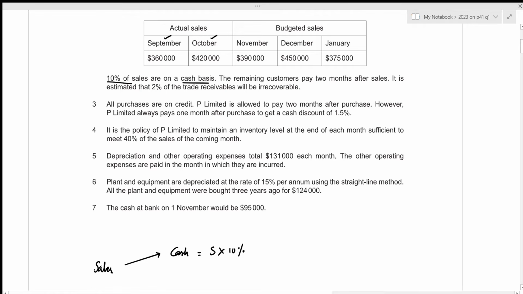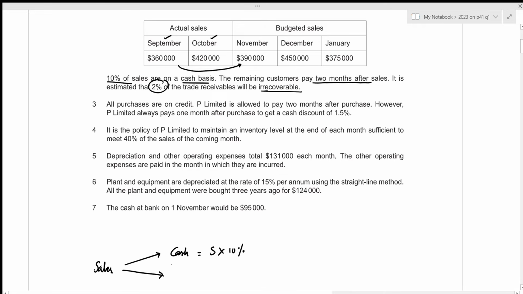Then the remaining customers, which will be the credit customers, pay 2 months after sales. So this just means that for the credit customers in the month of September, they will pay in the month of November. And it is estimated that 2% of that trade receivables will be irrecoverable. So this just means that out of our total credit customers, 2% will not be able to pay us, which means that only 98% of credit customers will be able to pay us.